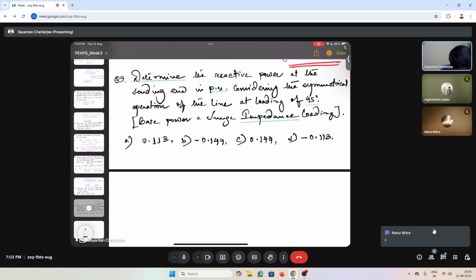So you are required to calculate the reactive power at the sending end in per unit, considering the symmetrical operation of the line at the loading of 45 degrees. So, sorry, B, the value is correct. Minus.